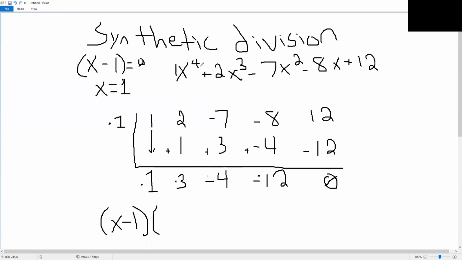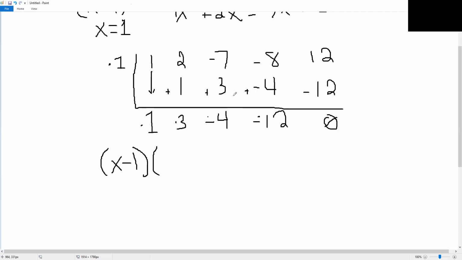We don't worry about that anymore because we pulled out this x minus 1 from the whole polynomial. So instead of the x to the fourth, we start with x to the third. If it was x to the fifth, we'd start with x to the fourth. Or if it was x squared, we start with x, which I doubt you'll have. If it was x to the third, we start with x squared. Does that make sense? I hope.